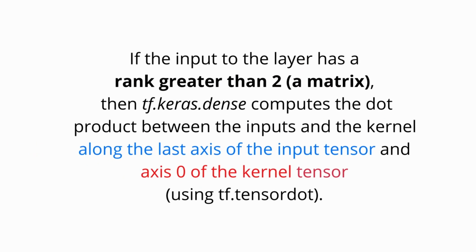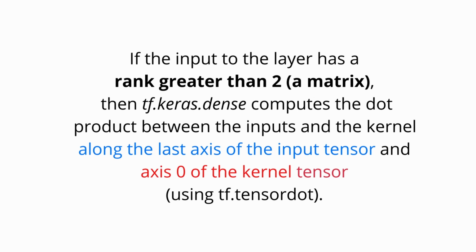And now for the second question, we can have an answer. Because it is defined in Keras that if the input to the first layer has a tensor rank greater than 2, and remember, this is a matrix, then the dense layer computes not the dot product but the tf.tensordot product along the axes.